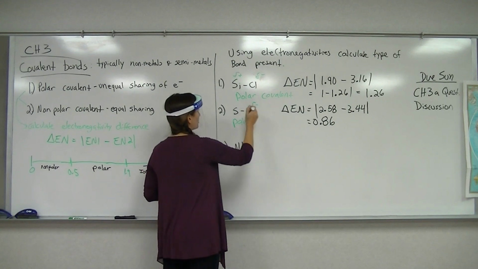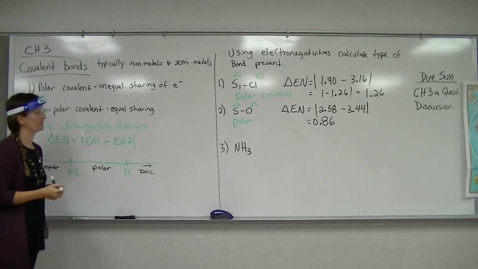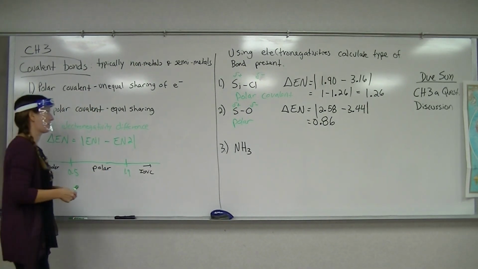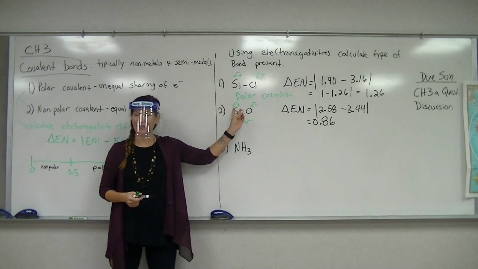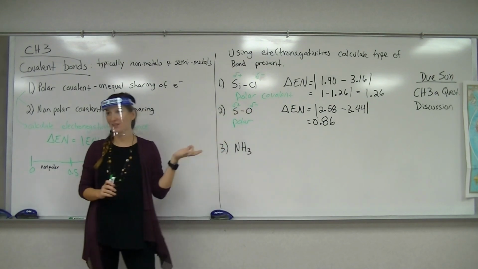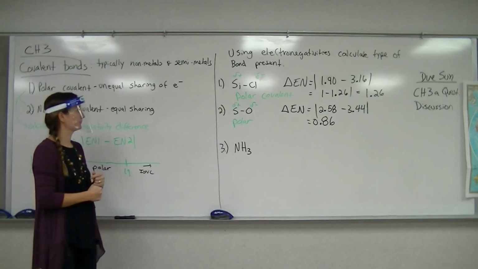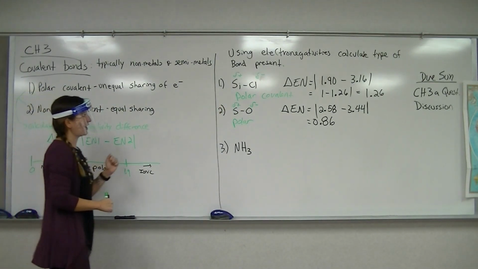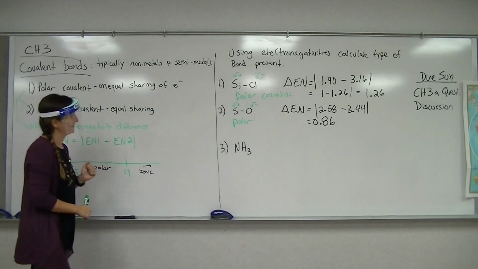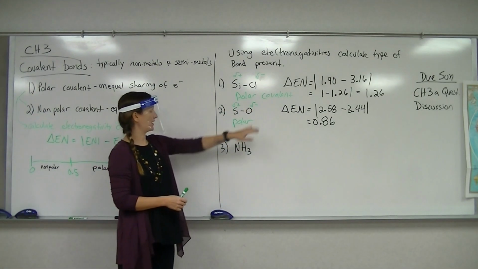So it would be partially negative, and then the sulfur would be partially positive. I don't know if you're actually asked any questions. When I looked at the homework, you're not asked who's delta negative, who's delta positive. You're just asked to figure out the type of bond. But sometimes it helps to know the reason behind it. So whoever is more electronegative is the delta negative.